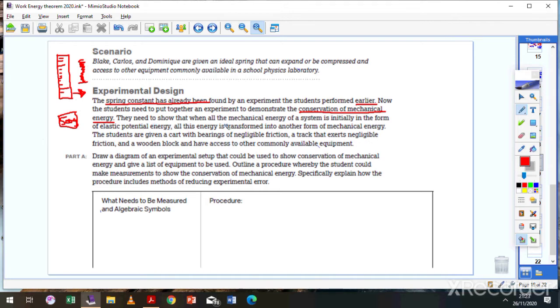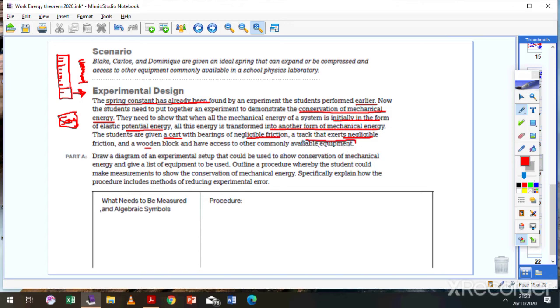They need to show that when all the mechanical energy of a system is initially in the form of elastic potential energy, then all of it is transformed into another form of energy. They're given a cart with bearings, a track that exerts negligible friction, and a wooden block, and have access to other commonly available equipment in the lab.